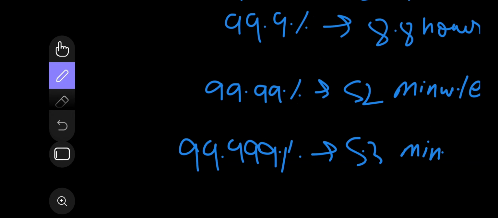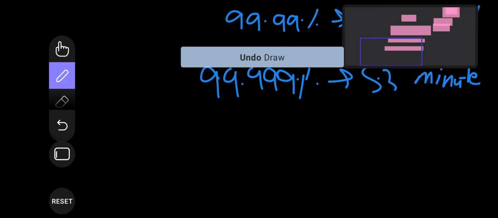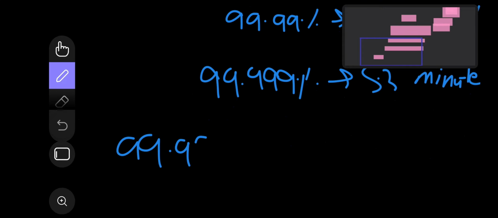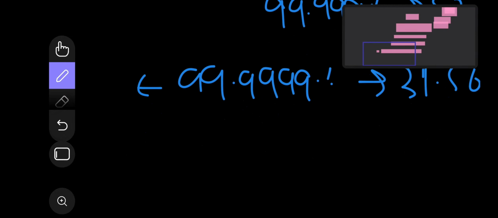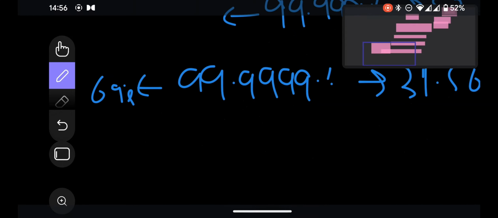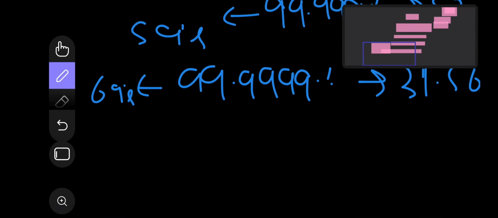And suppose you have more, let's say 99.9999%, it will give you a downtime of 31.56 seconds. So this is how you keep reducing. This can be known as 6 nines. This can be known as 5 nines.